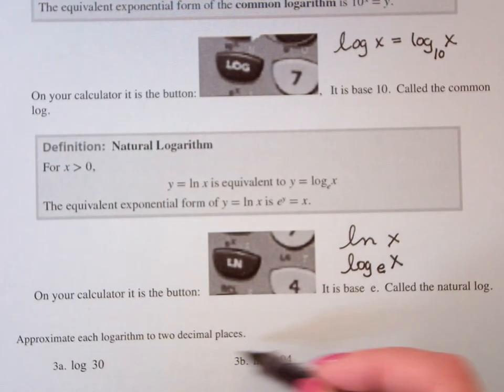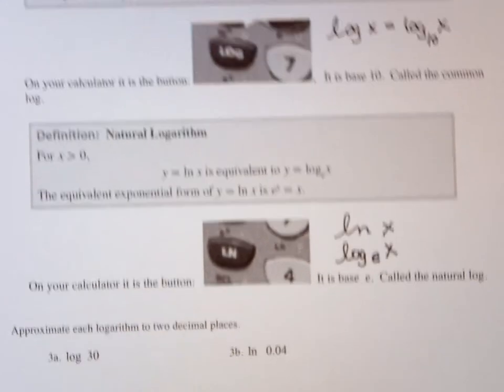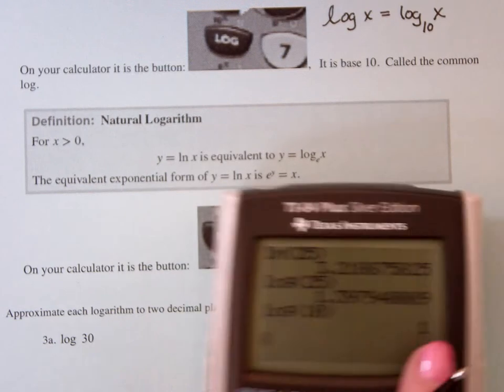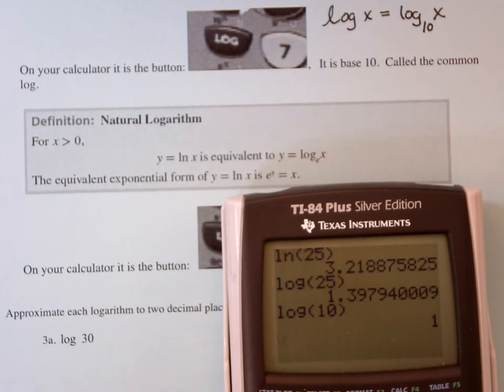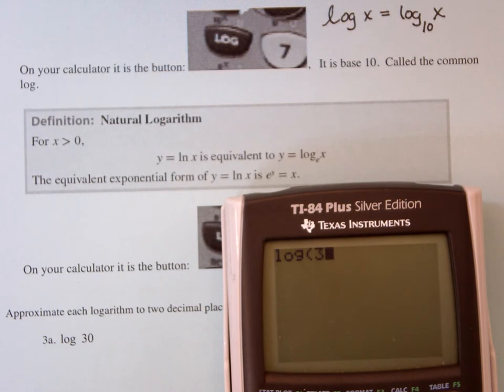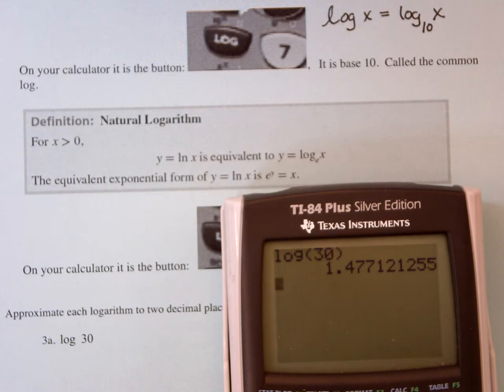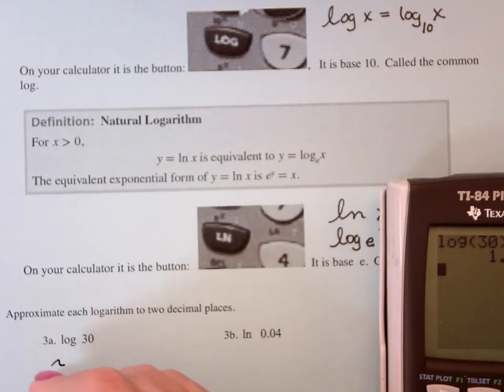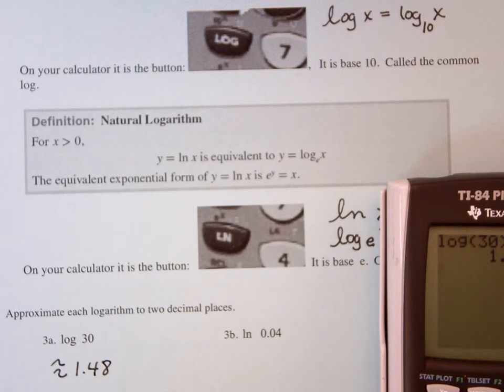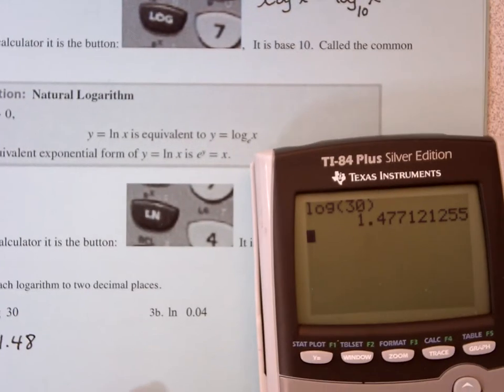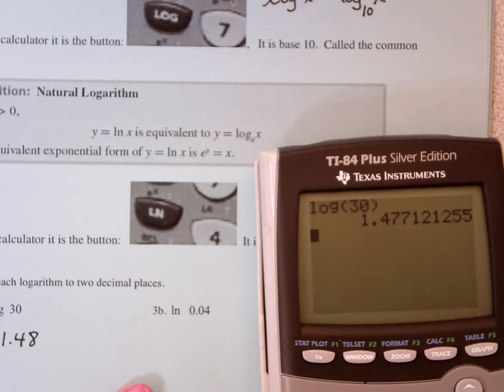It says approximate each logarithm to 2 decimal places. The log of 30, so log 30 is approximately 1.48. And then we have ln, the natural log of 0.04.